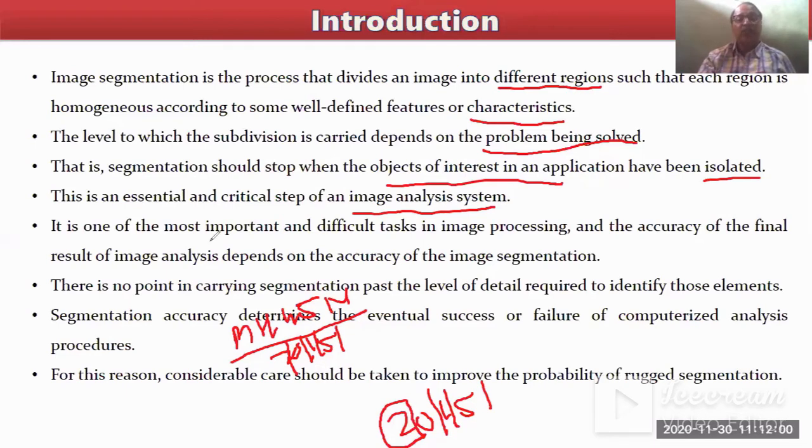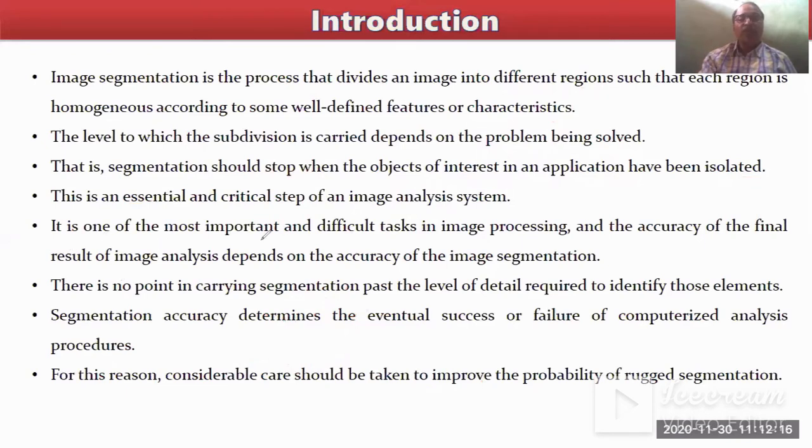So for any image analysis system, image segmentation is one of the important steps. It is one of the most important and difficult tasks, because without segmentation we cannot analyze or recognize the object. That's why segmentation is very important, the most important and difficult task in image processing.